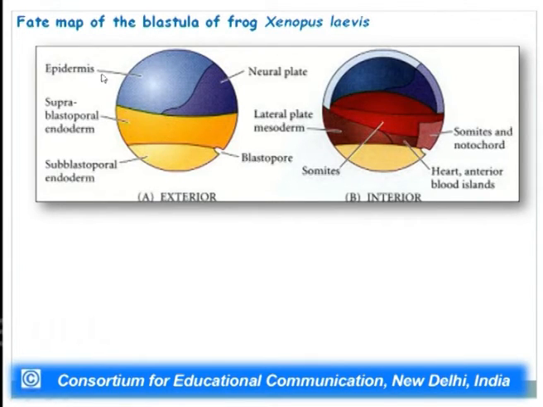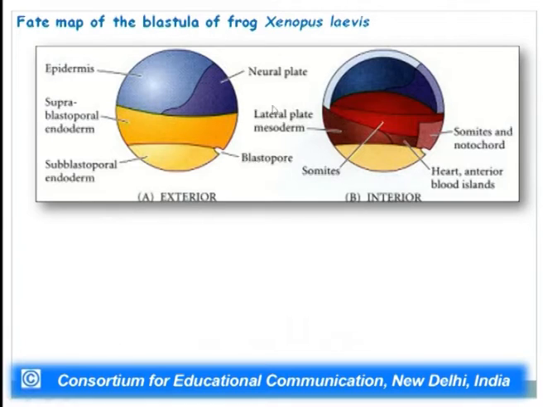This is giving rise to the epidermal ectoderm, and this is giving rise to the neural plate ectoderm. Then there are the animal hemisphere cells, the vegetal hemisphere cells, and this is termed the marginal zone. In the vegetal region you can see that there is an endoderm. This is a subblastoporal endoderm and this is a suprablastoporal endoderm.